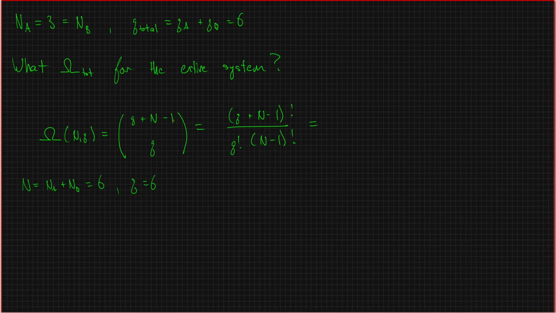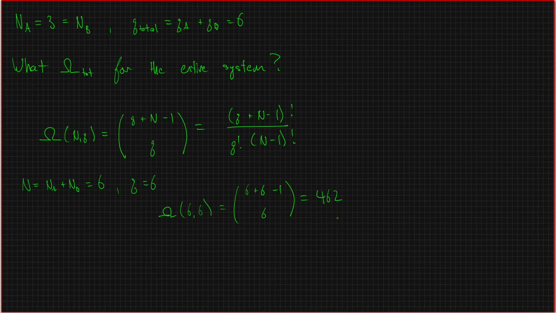Yeah, that makes sense, right? So for this case, omega of 6 comma 6 is just equal to 6 plus 6 minus 1 choose 6, which if you calculate it using the binomial coefficient should end up being what he lists at the bottom, which is 462.